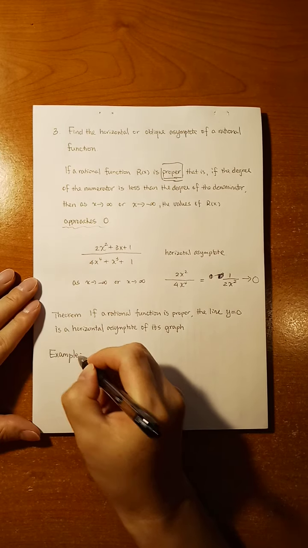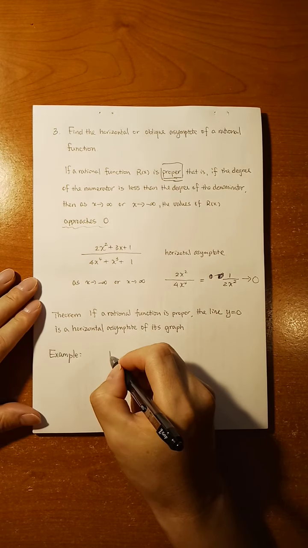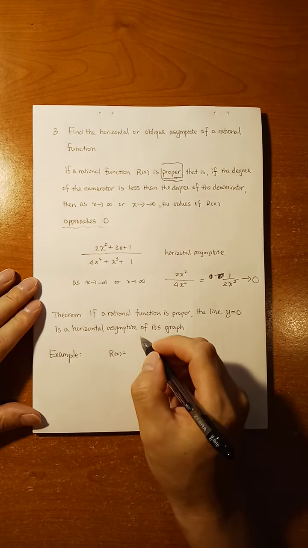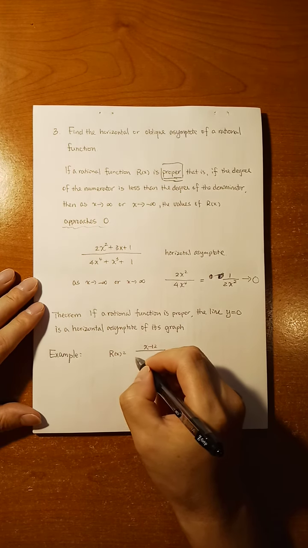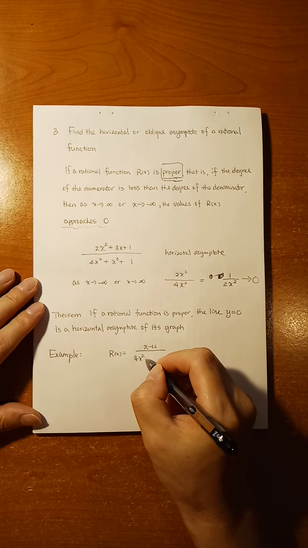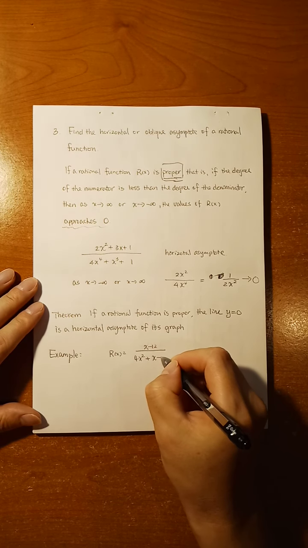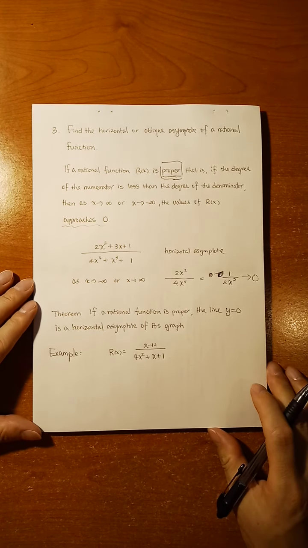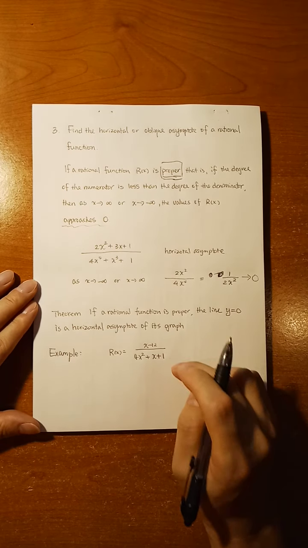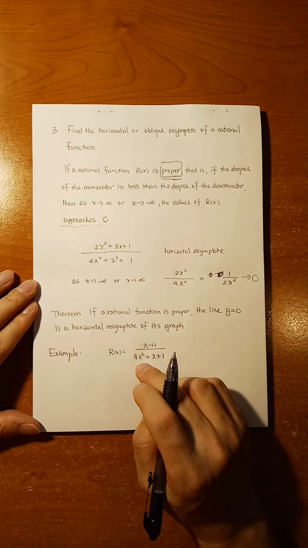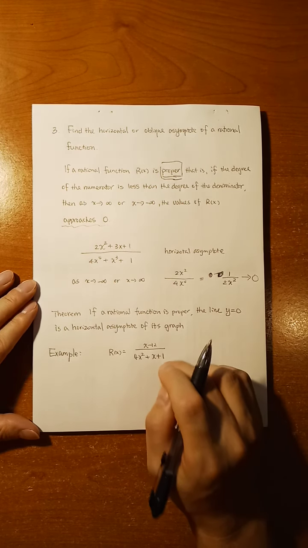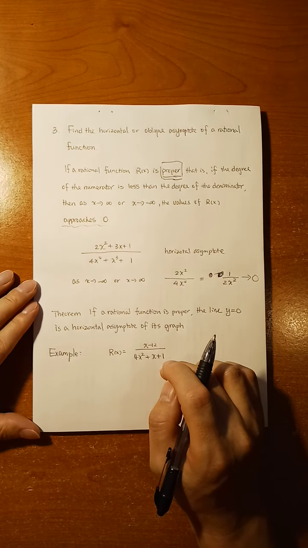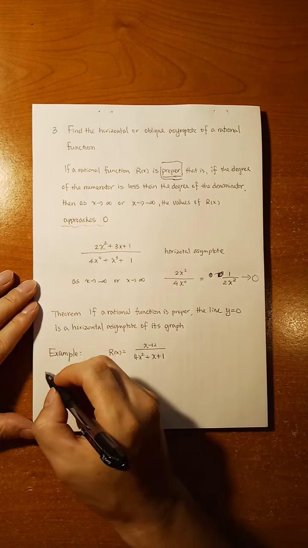For example, in the textbook, they provide the proper rational function x minus 12 over 4x squared plus x plus 1. This is a proper rational function because the degree of the denominator is 2 and the degree of the numerator is 1, so the degree of the numerator is strictly less than the degree of the denominator.